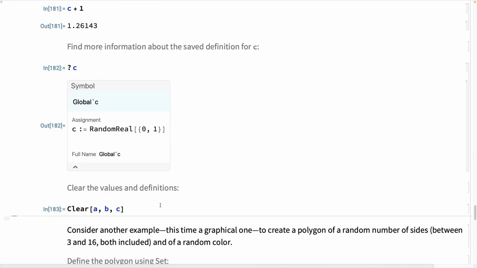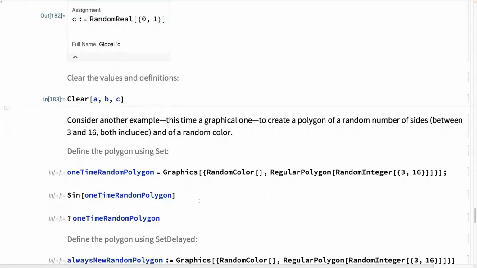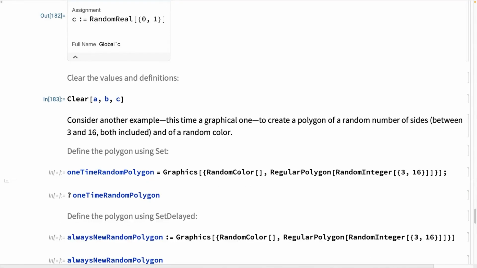And to really drive this point home, I think a graphical example is good. So take one-time random polygon here. I said it has a random color, a regular polygon, with a random integer, and it's going to have a random number of sides between 3 and 16.